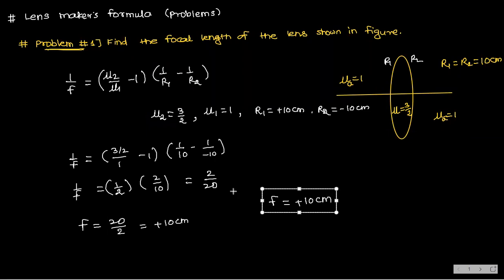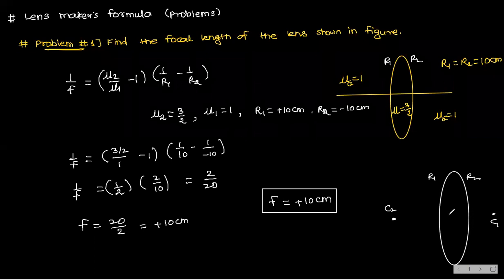Understood? Any doubt? Your doubt may be this one, why I have taken R2 as negative and R1 as positive. So listen here, if we consider this lens, it is having two centers of curvature. This is C2 I am writing, because this I am taking as R2, and this is R1, so you have here C1.